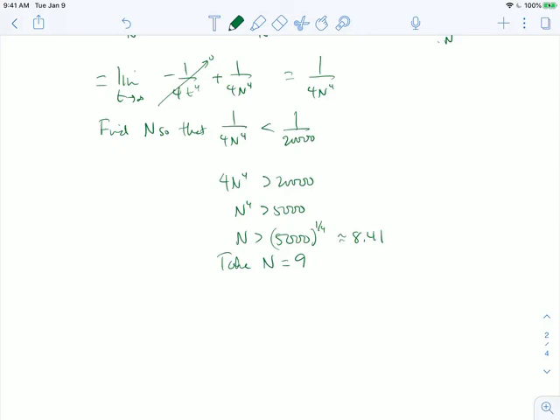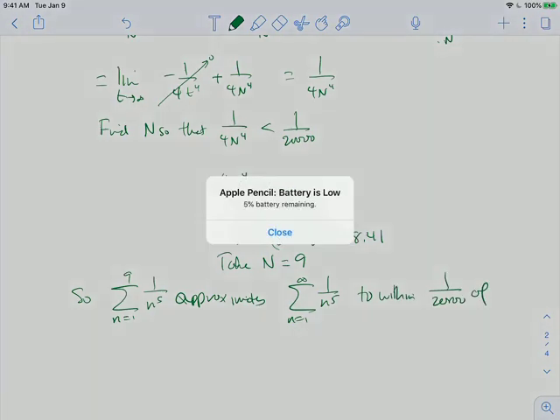And so then what we've discovered is, if I just add up the first 9 terms of this series, this is going to approximate the sum of all terms of this form to within 1/20,000th of its value.